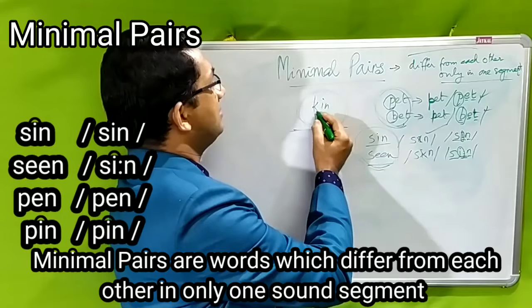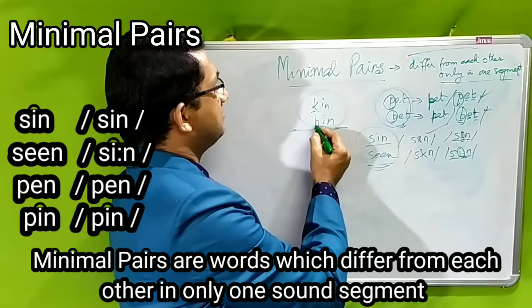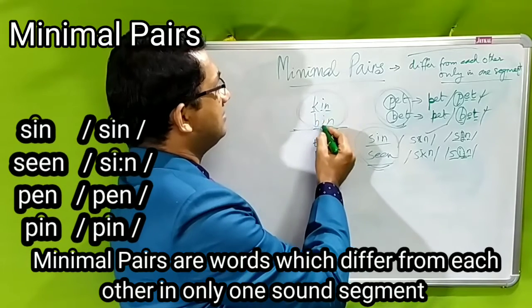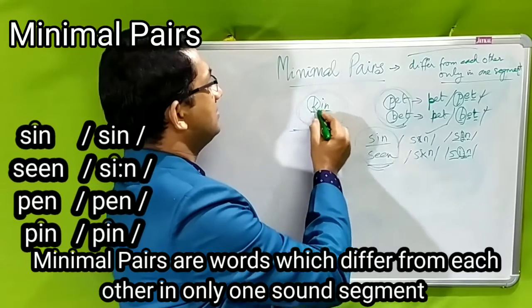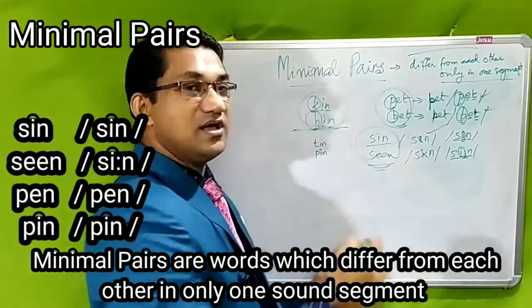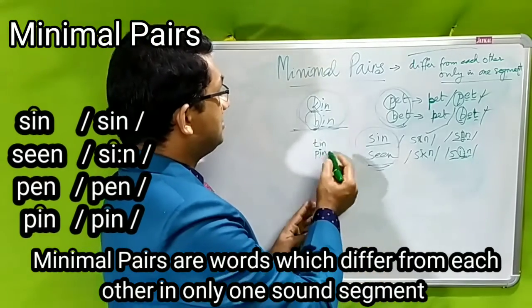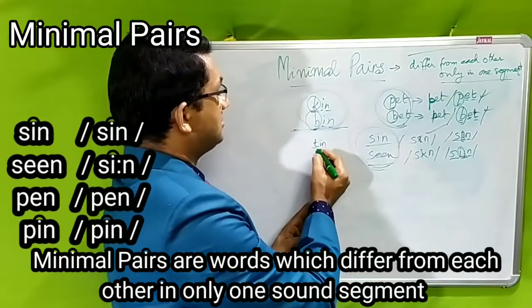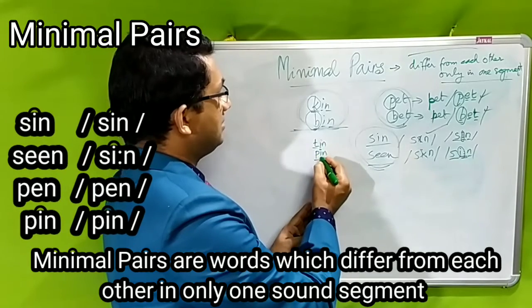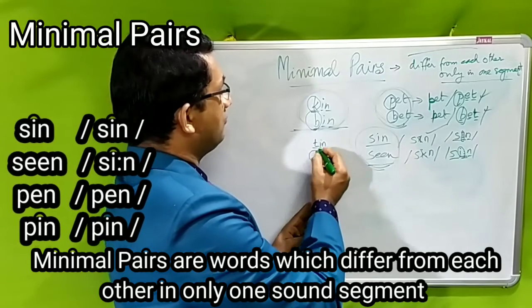Kin, bin, there is the difference only in the initial phonemes. And now we have, of course, tin and pin, differing only in one segment.